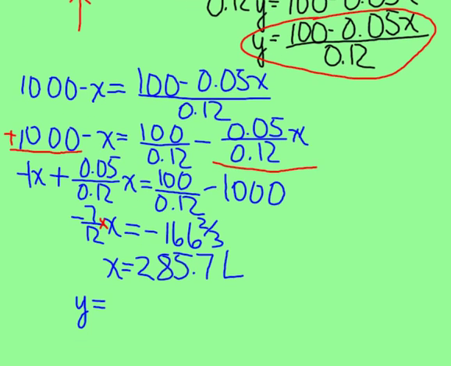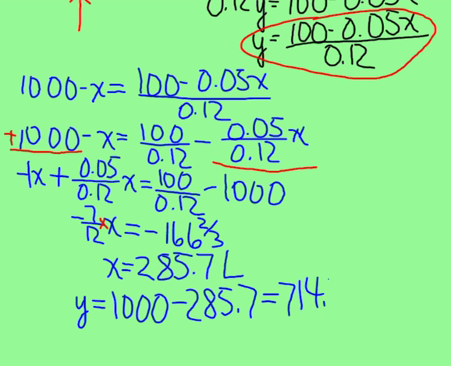So 1,000 minus 285.7, and on my calculator I'm getting 714.3, and that would be in liters.